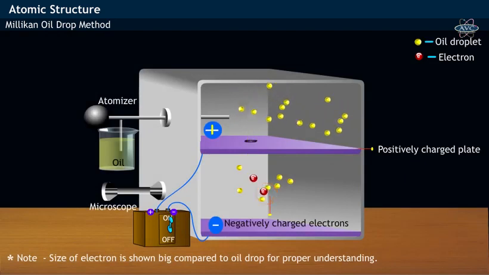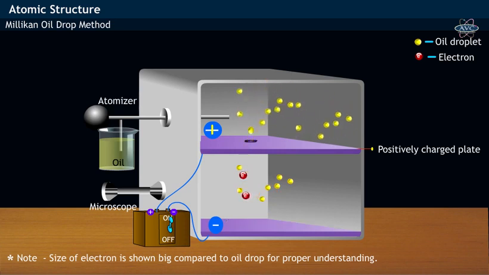The negatively charged electrons lost from the oil droplets due to ionization cling or get attached to the oil droplets as shown, which makes these oil droplets negatively charged.